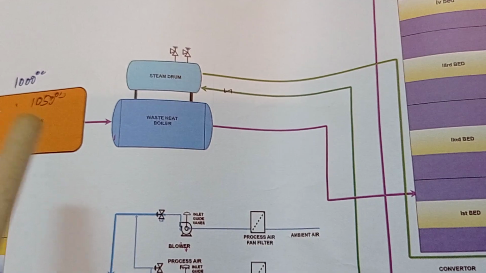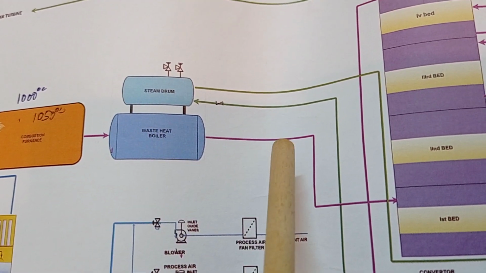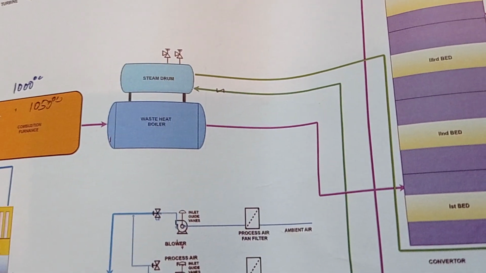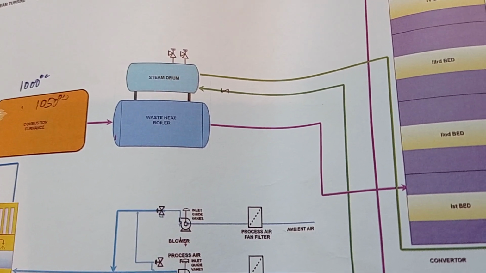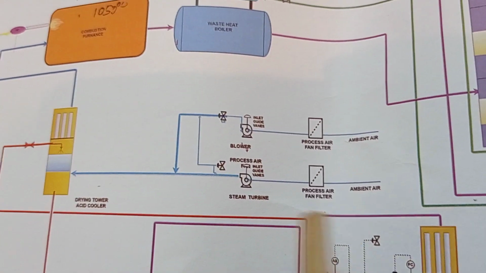So that is why we send the gas to the waste heat boiler, so that we generate steam, and this steam is used to run the steam turbine, and that turbine is used here for the production of air.